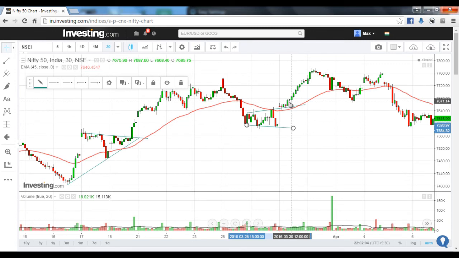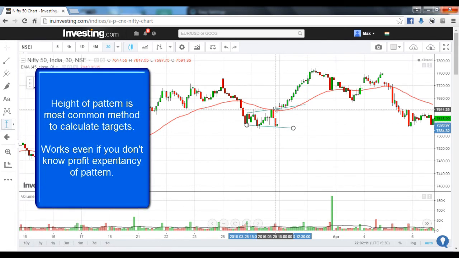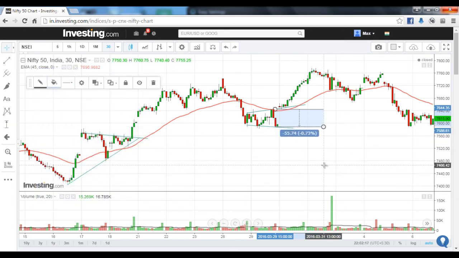Now in this kind of situation, this is usually the target you should be trading for, the height of the pattern, which is 55. So after breaking from this point, you should have expected at least 55 points upside, and this would be your risk.